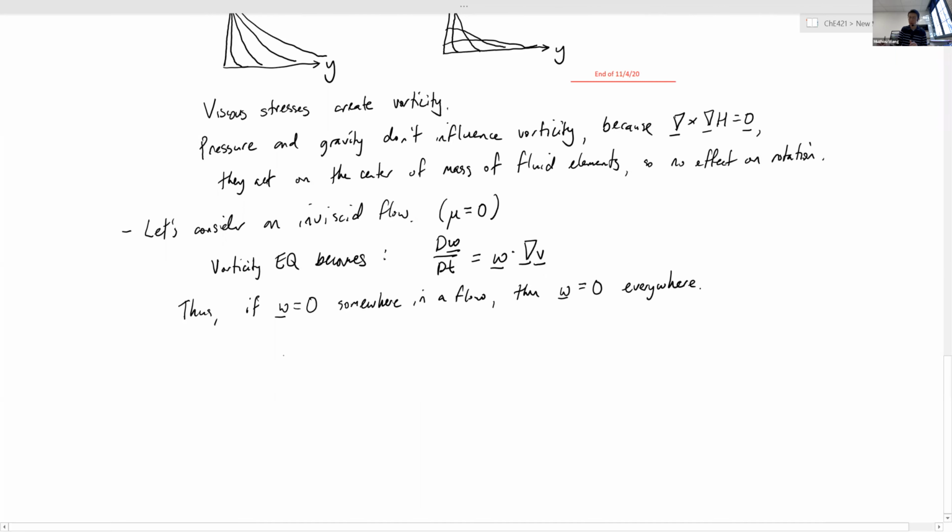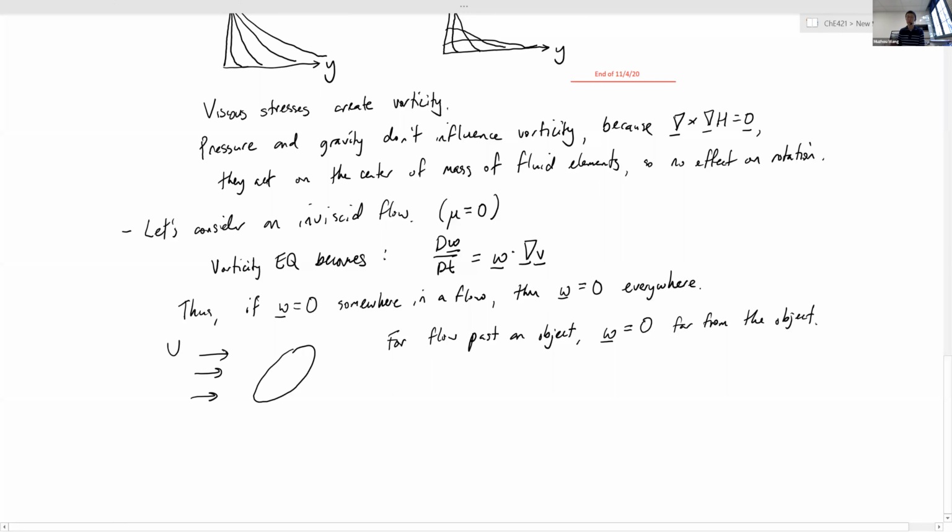Now, it turns out that in the problem that we started with a couple lectures ago, for flow past an object, we have some fluid velocity moving past an object, right? So for flow past an object, it might make sense that vorticity is equal to 0 far from the object, right?